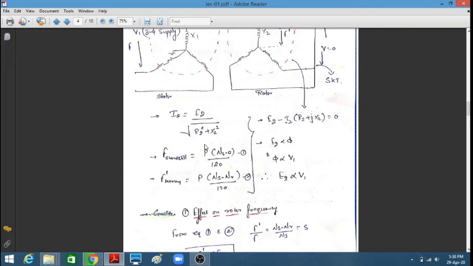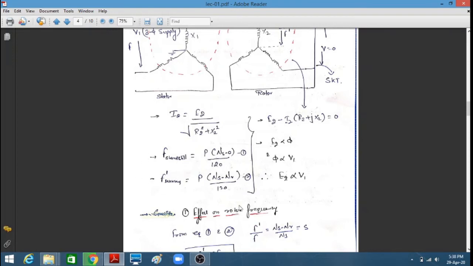Now at standstill, when the rotor is not moving, the formula we studied earlier is f equal to NP upon 120. Ns is the synchronous speed, and Nr is 0 since the rotor is not moving, so the frequency at standstill is f equal to P Ns upon 120.